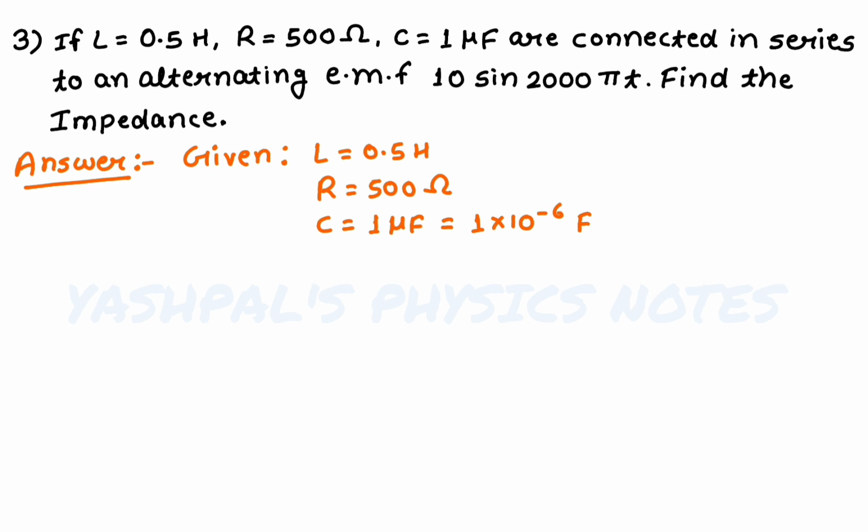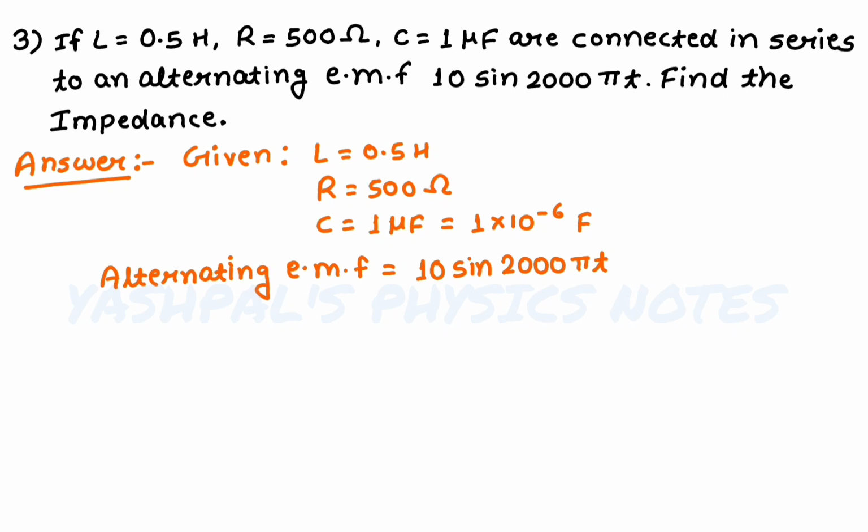Now alternating EMF is also given. So here I am writing alternating EMF. It is given as 10 sine 2000 pi t. Now we are going to compare this alternating EMF with E naught sine omega t, because that is the standard value of EMF.